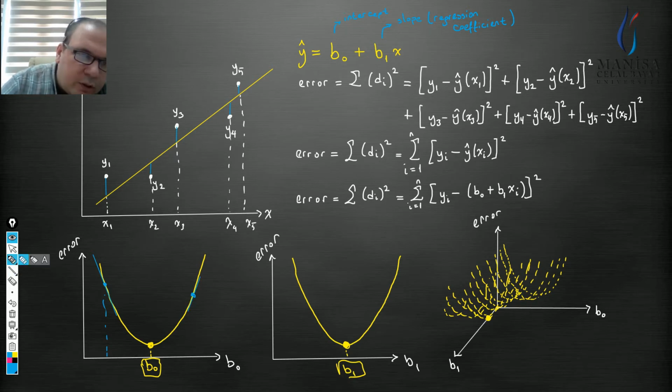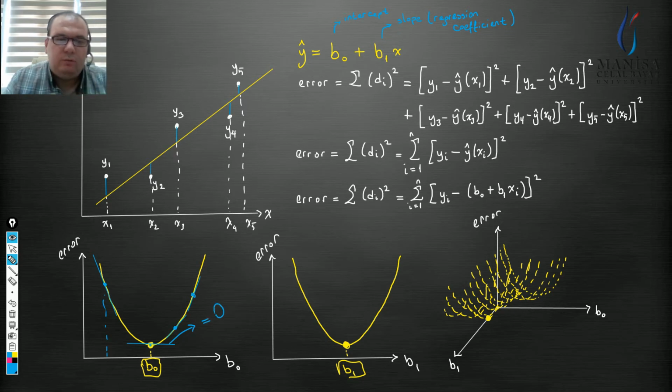And for this point we have a tangent like this. But at the point of minimum error, we will have a tangent, a slope like this. So at this point we will have the tangent equal to 0.